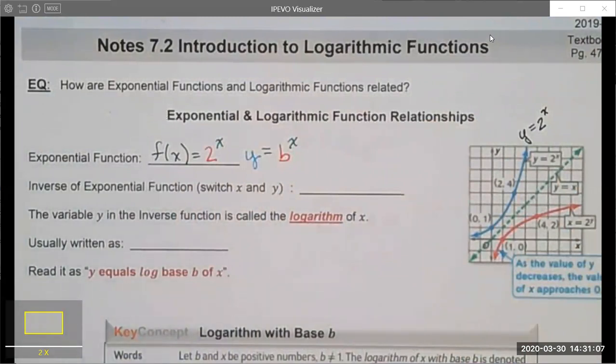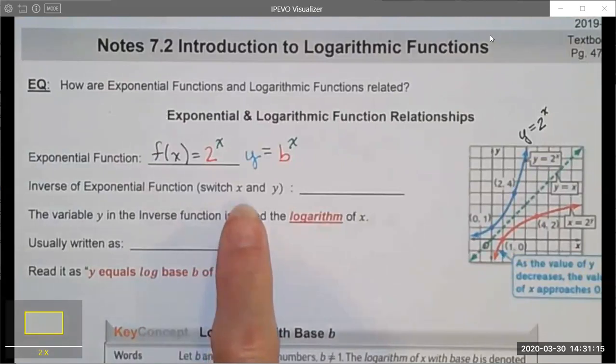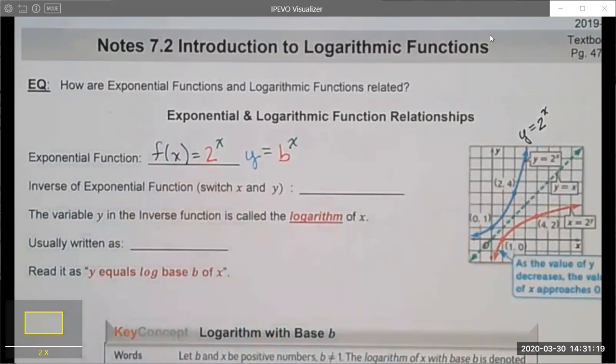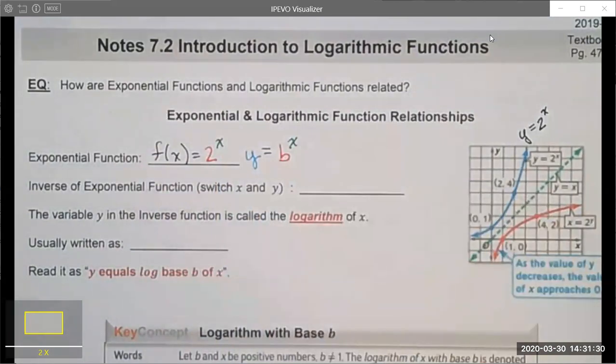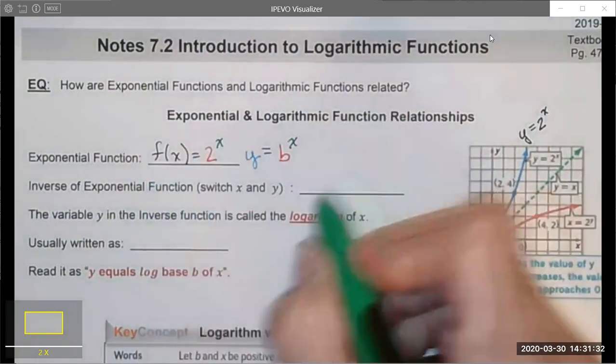Let's think back to some of our previous learning where we talked about how to find the inverse of functions. The inverse of a function can be found when we switch x and y. So let's try doing that, specifically with this equation. I'm going to switch the x and y, so the y would be here.